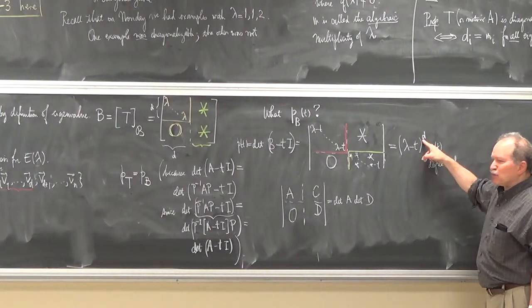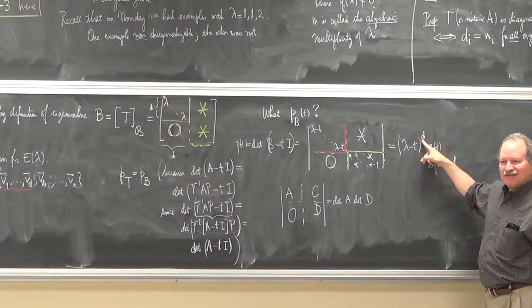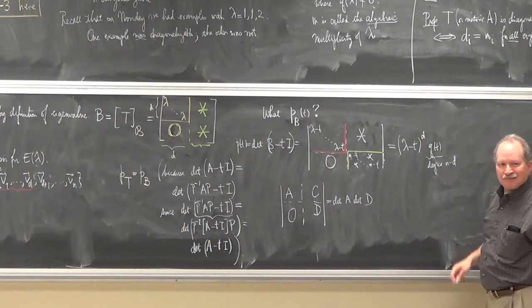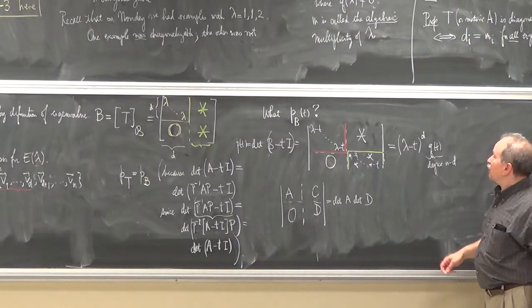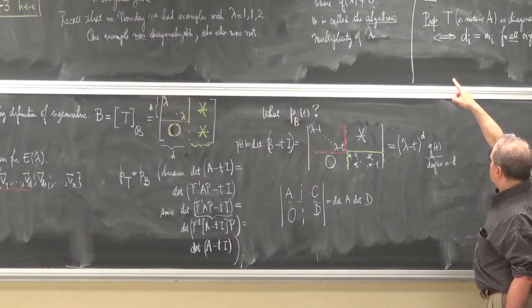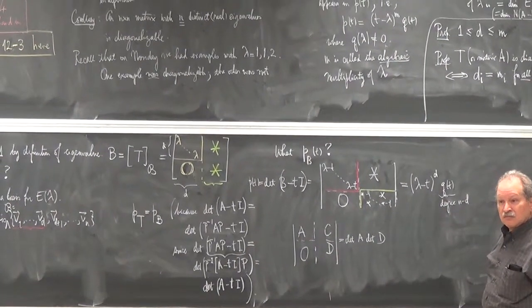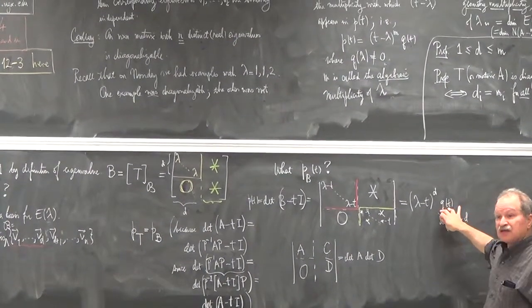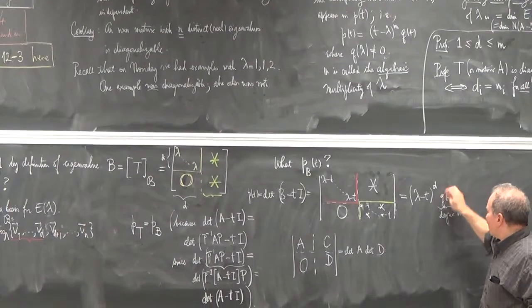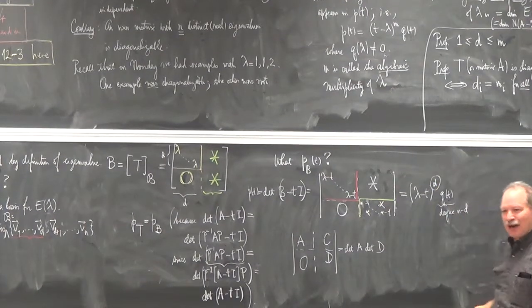So could this exponent be any bigger than m? No. If it was, then yeah. Wait, is q a root? We don't know. Maybe it is. Lambda could be a root of this. But for sure, can this exponent be bigger than m?